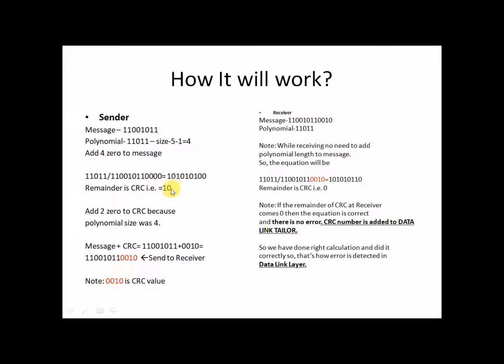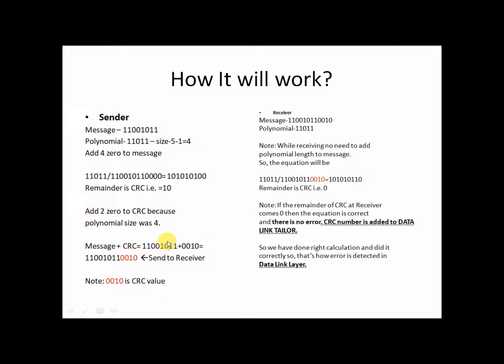Now 10 will remain here. The next step you have to do: your polynomial size was 4, so you have to add 2 zeros to that message from the left.